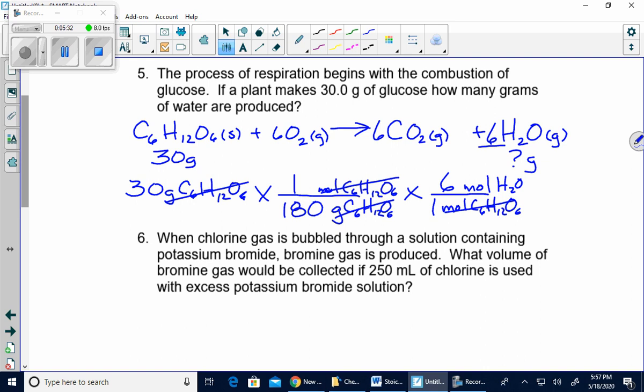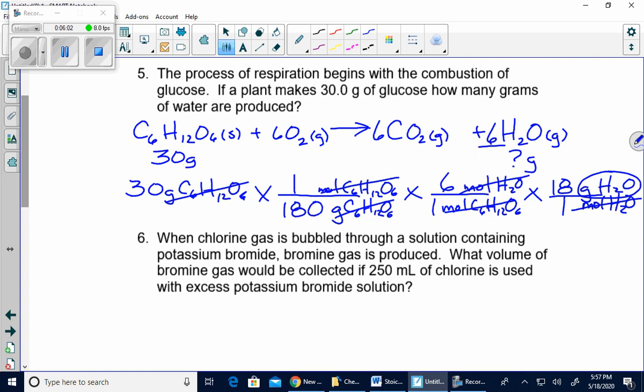Now I have moles of water. I want to go to grams of water, so I need one more step. I need to convert from moles to grams. So I'm going to put moles of water on the bottom, grams of water on top. Molar mass of water is 18, and it's molar mass, so I put a 1 there. So everything is canceled except grams of water. That's what I want, so I've done it right.